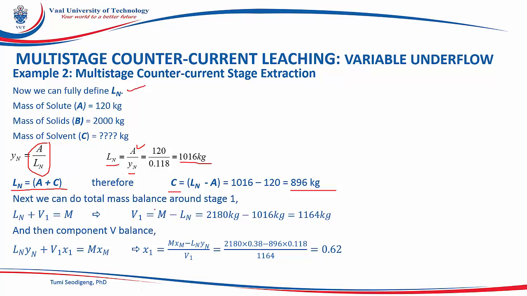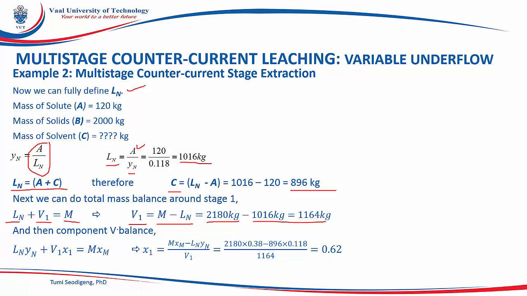Next, we can do the total mass balance around stage 1. We know that stage 1 has Ln coming in and V1 coming in to form M, which is the combination of the incoming streams. Then we can find V1 to be M minus Ln, and we have the value of M, and we also have the value of Ln.